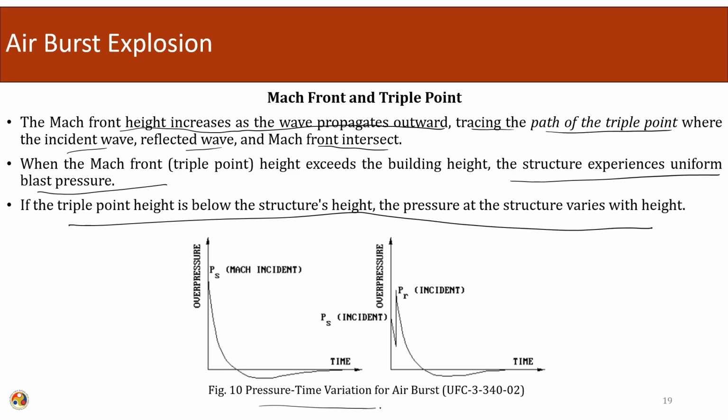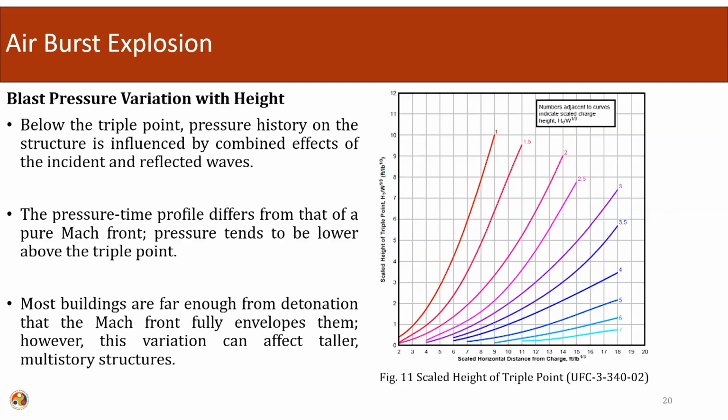So this is the pressure time variation for the air burst. This is the Mach or the incident pressure. So, the blast pressure variation with height. What happens to the variation of the blast pressure as the height increases?